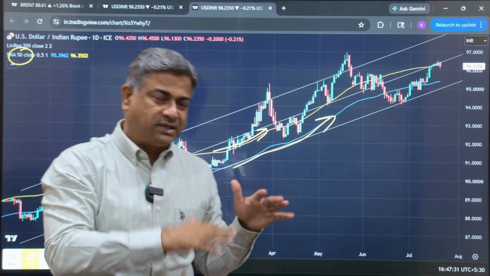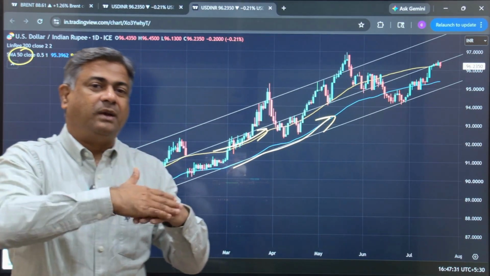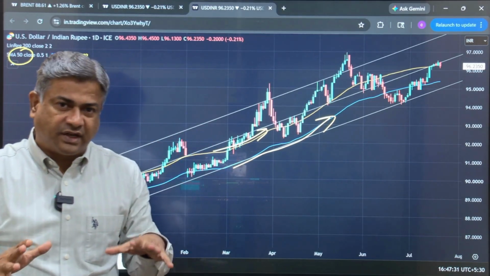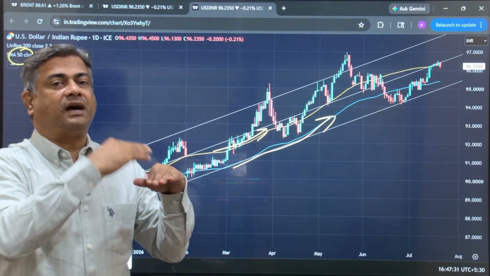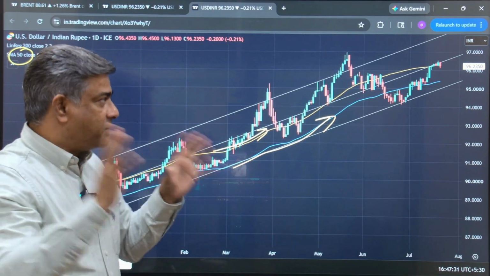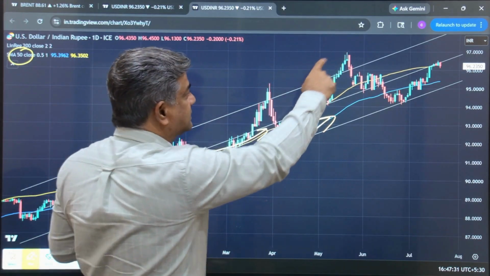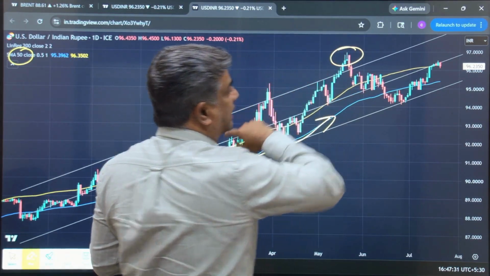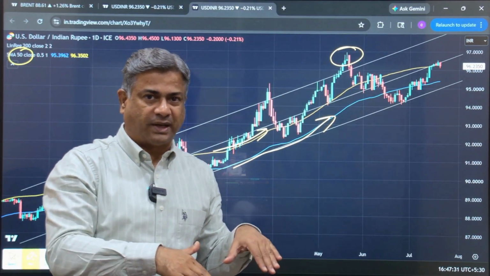Now what does that mean? That means that both 25-day moving average plus 1% filter, 50-day moving average plus 1% filter, the current prices are above both these signals. Remember one more thing, last time when rupee was weakening like this, it had touched this all time high which was around 96.97 in the onshore prices.